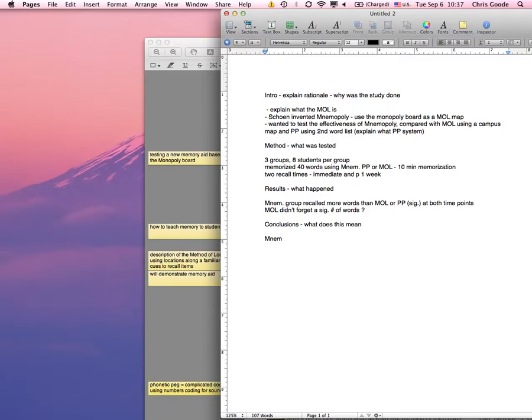It means that the Monopoly method works, for one thing. It's better than the method of loci. It's better than the phonetic peg, but probably because phonetic peg is too complicated to use in 10 minutes, don't you think?